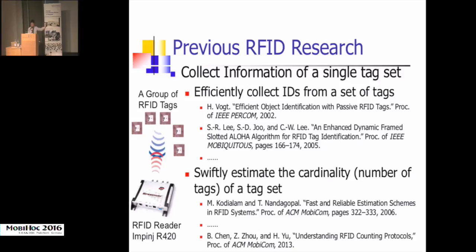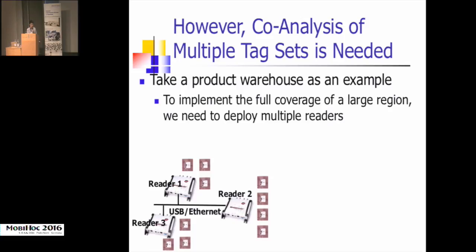They also studied how to estimate the cardinality of a tag set, that is, the number of tags within a set. That's the previous research. However, I want to emphasize here that we always need to co-analyze multiple tag sets, not just a single one.